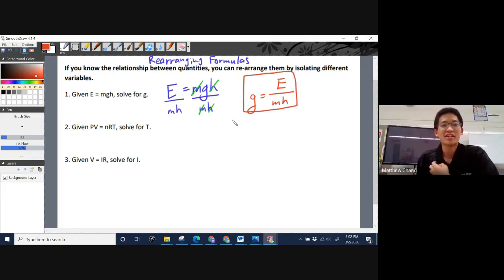Number two, given PV equals nRT, solve for T. If I remember correctly, this is the ideal gas law in chemistry.